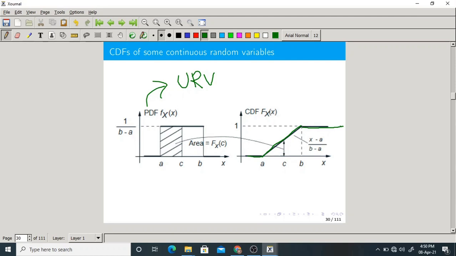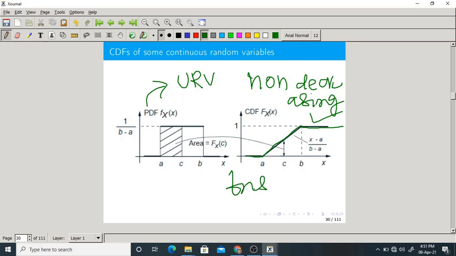Okay, so we cannot say that it is an increasing function because it is not increasing always. Sometimes it remains constant here. So that's why we cannot say that these functions are increasing functions, but only thing is they don't decrease. Either they increase or they remain constant, but they don't decrease. So that's why they are called non-decreasing functions.